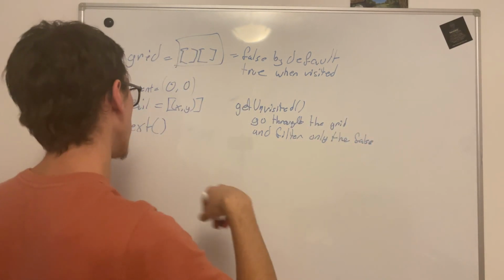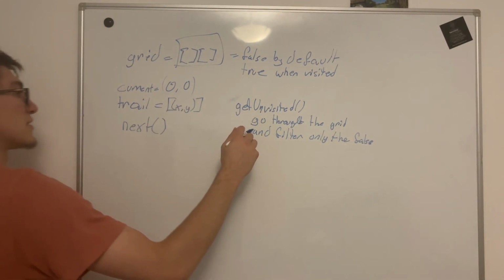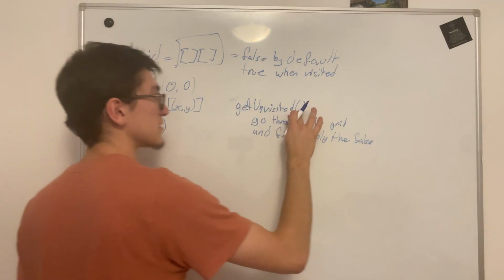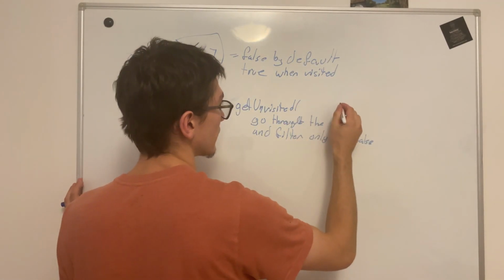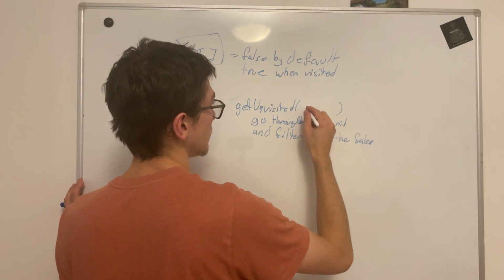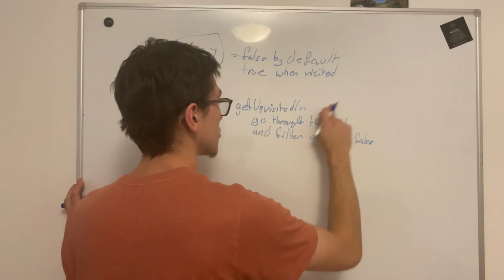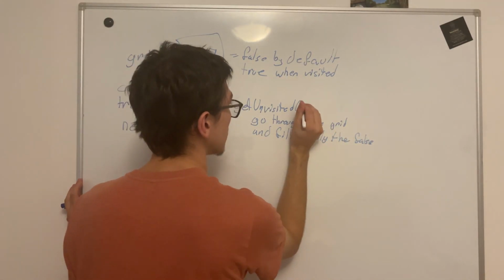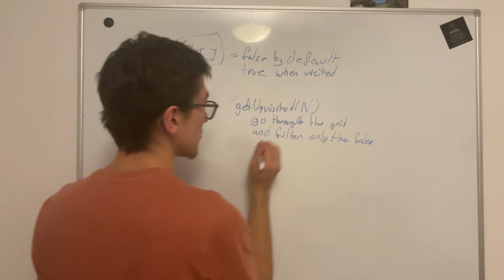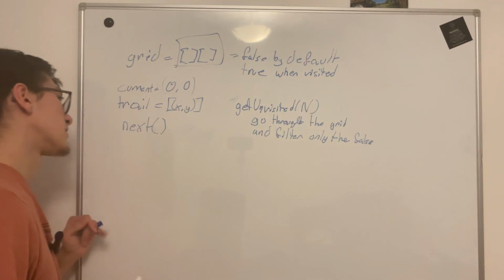The false, sure, that's fine. And technically, we could just call get unvisited and pass it an array of neighbors. I'll just call it n, short n, it's going to be easier. So n here is going to be the neighbors. So get unvisited and then passing it all of the neighbors.